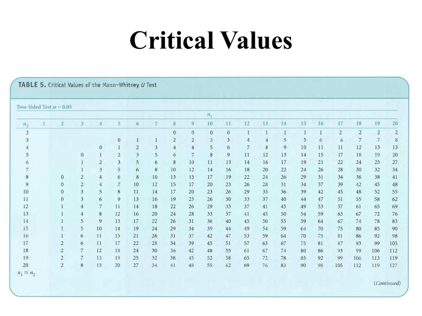So here's Table 5 from the back of the textbook, and we see the title there, Critical Values of the Mann-Whitney U-test. This says for a two-sided test at alpha equals 0.05. Across the top we have values of N1. That's the size of our first sample. And then across the left-hand column we have N2, which is the size of our second sample.